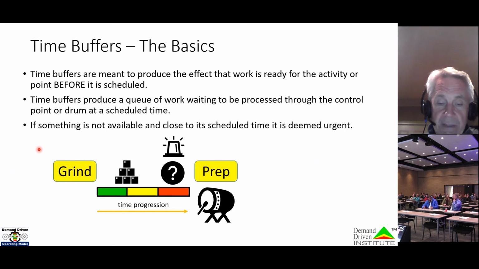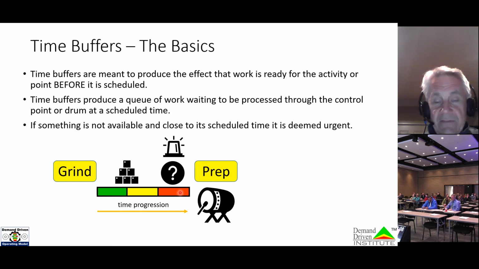So if I'm the shop floor supervisor, I can monitor the pace of these work orders coming in. If I see that they're into the yellow zone, I'm probably going to go check to see where they are in the upstream processes, because again, I don't want to lose that time on the drum resource. If they come into the red zone, that's a signal for real expediting, or I may have to adjust my schedule on the drum.